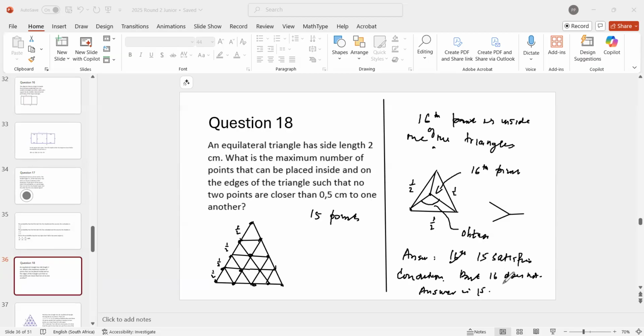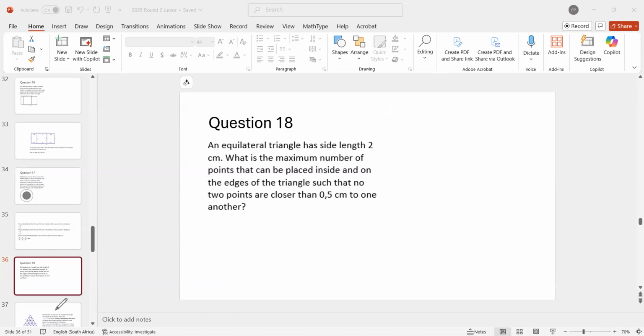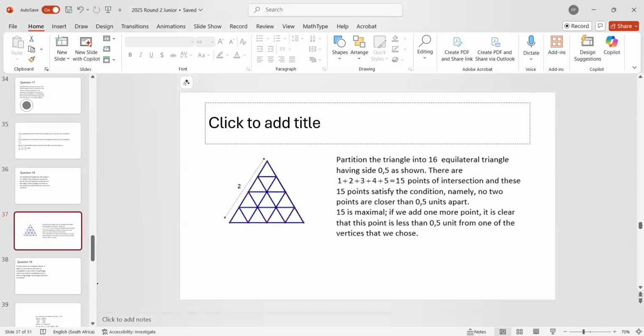Beyond that, the condition is violated. All right. So let's just check to see if my answer is 15. They haven't said so, but 15 is the maximum. All right. It's exactly the same thing.